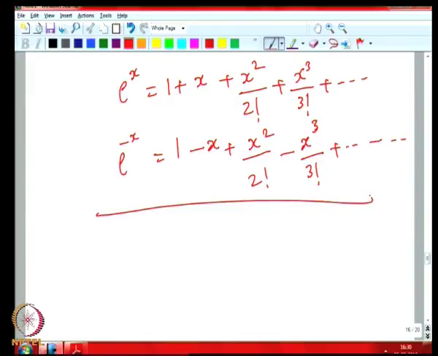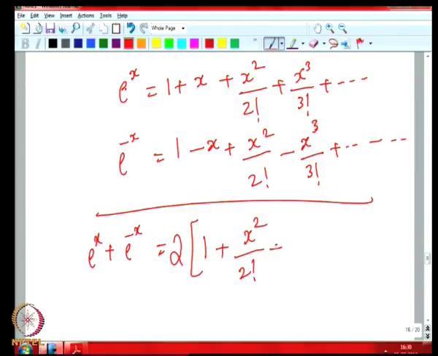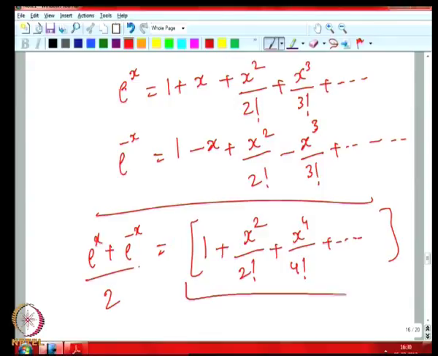Now you add up these two, e raised to x plus e raised to minus x. What do you get? We get 2 into 1 plus, the x terms go away, but x square by 2 factorial and x raised to 4 by 4 factorial remain. All the even powers will remain, odd powers will cancel off. So we can take this 2 here. This is what we were looking at: 1 plus x square by 2 factorial plus x raised to 4 by 4 factorial.